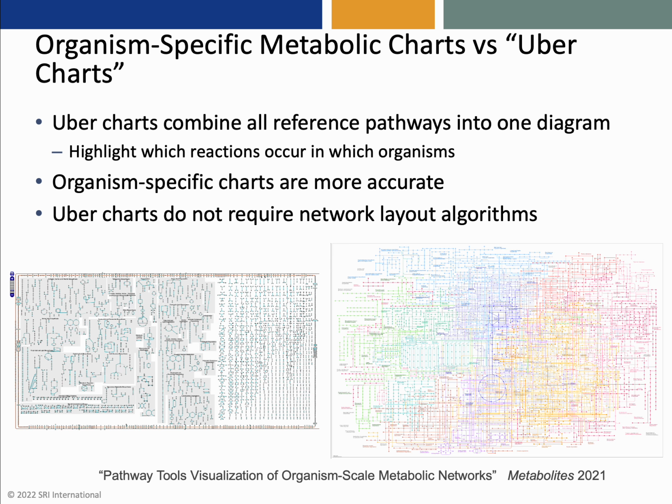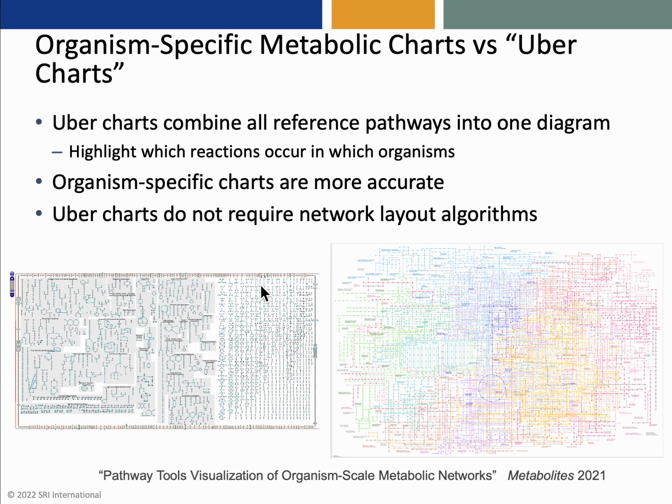Or well, as your reference pathway database expands, you do have to add new pathways to it, but you don't need to manually draw the diagram for every different organism in your collection. Now in BioCyc, we don't manually draw them for each organism. We have algorithms that create these diagrams for each of the 20,000 organisms in BioCyc.